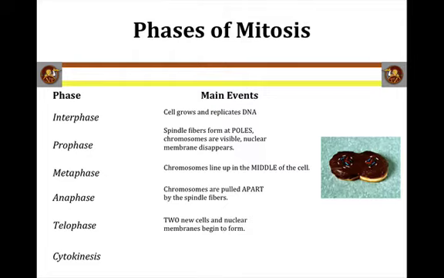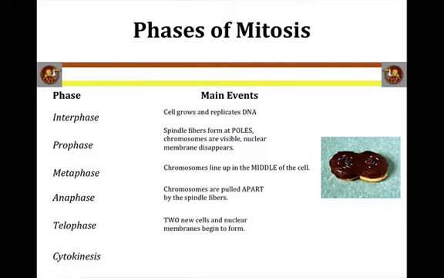During telophase, finally two new cells and nuclear membranes begin to form. So we can see that our cell is actually starting to pull itself apart completely. The little white sprinkles here are the nuclear membranes forming around the chromosomes and the DNA, which makes sense because we know the DNA and chromosomes are kept in the nucleus.